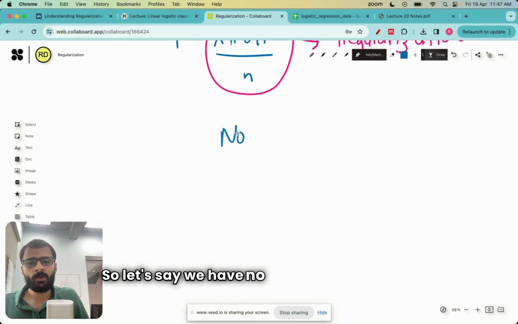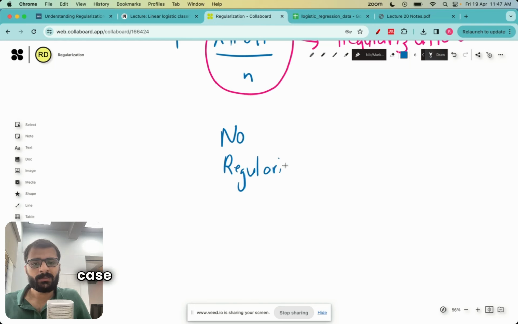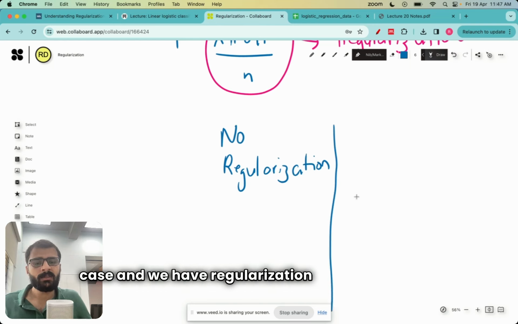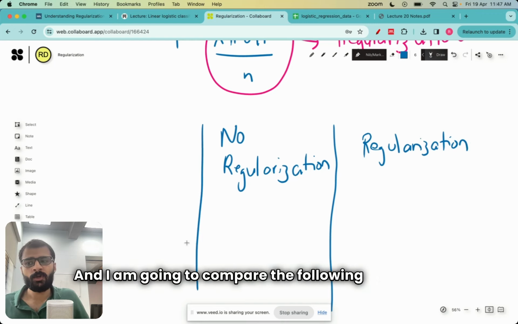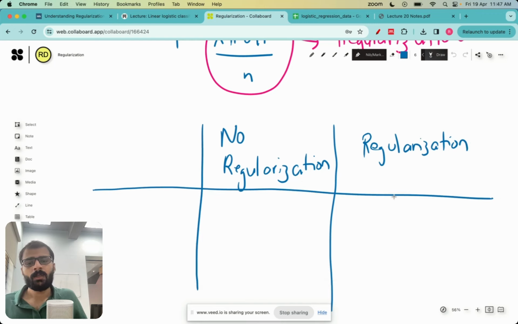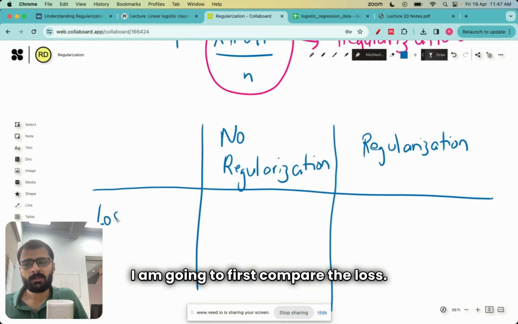So let's say we have no regularization in one case and we have regularization in the other case, and I'm going to compare the following quantities. I'm going to first compare the loss.